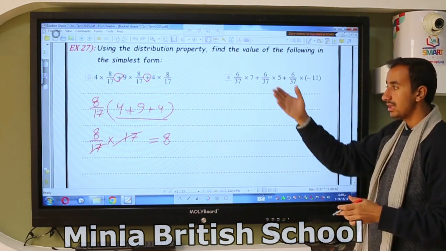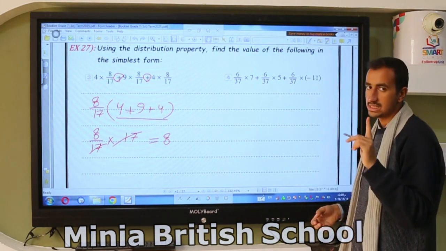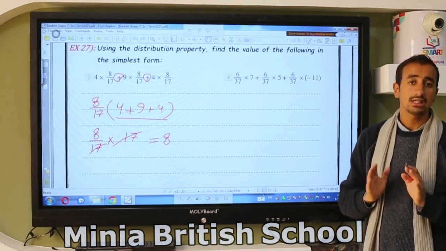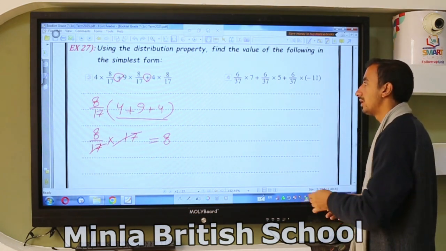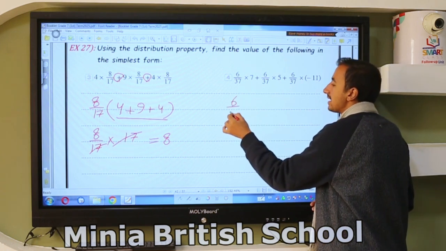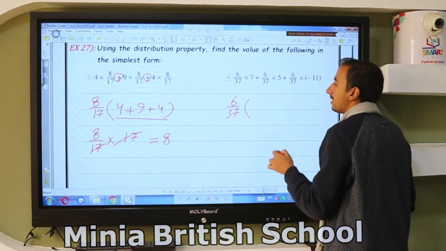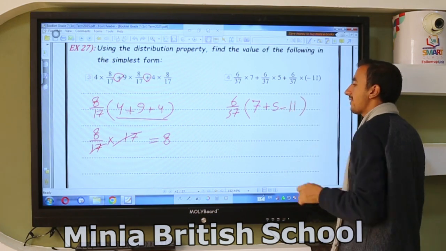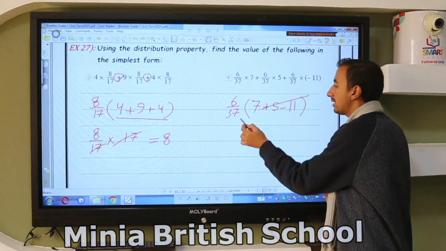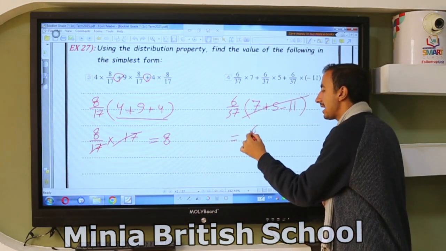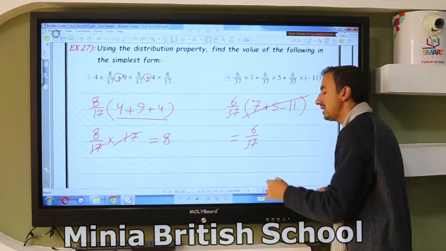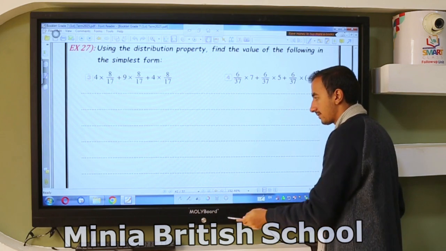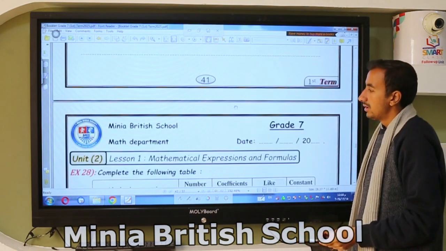Using the distributive property with the steps. Don't forget to write the answer for any exercise with steps. Okay? Here 6 over 37, open the bracket, 7 plus 5 minus 11, 7 plus 5 is 12, minus 11, it will be 1. Any number times 1 will be the same answer, 6 over 37. Okay?